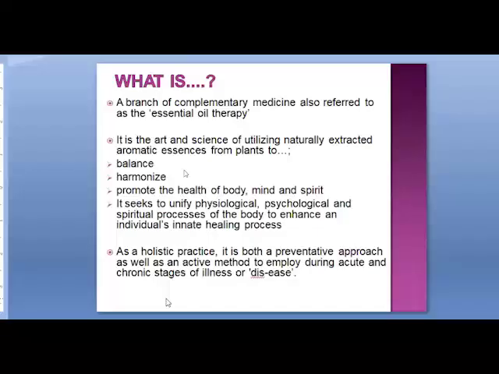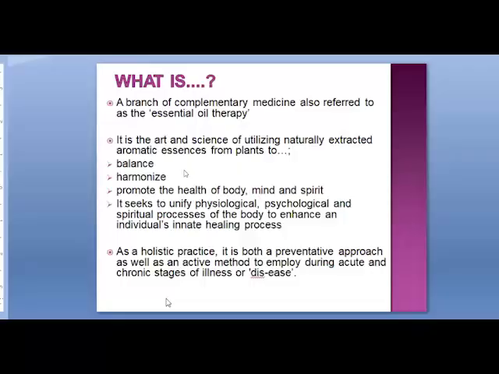And then there's also the immune system that we acquire from outside, maybe from exposure to other things, in the sense of prophylaxis or holistic practice. It is both a preventative approach as well as an active method to employ during acute and chronic stages of certain illnesses and disease. We had looked at what disease was in homeopathic medicine. It's a form of metabolic imbalance, where the body is not at ease.